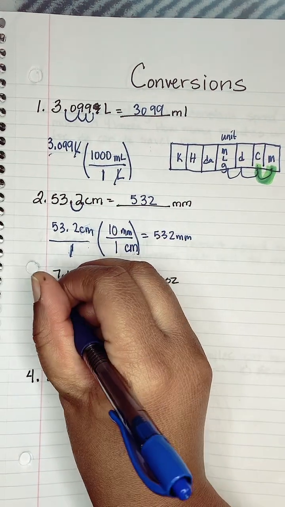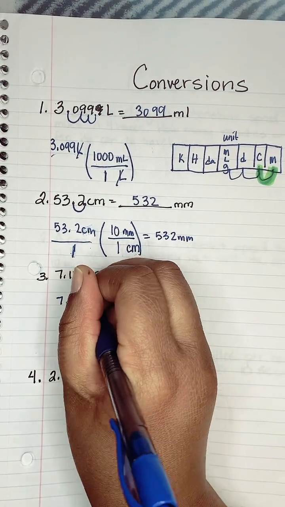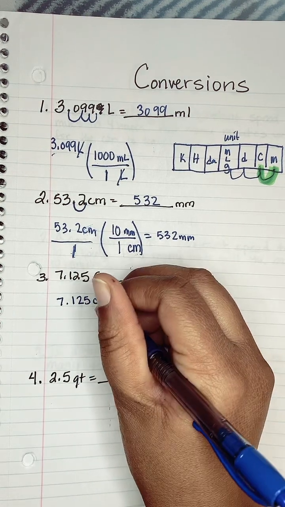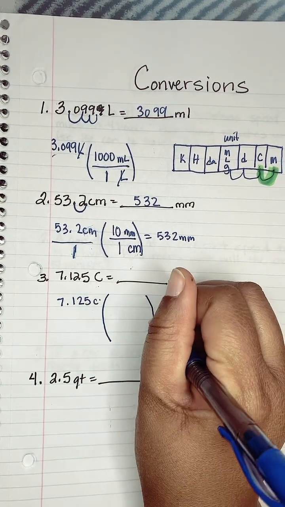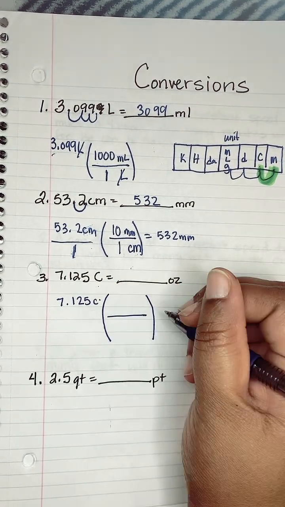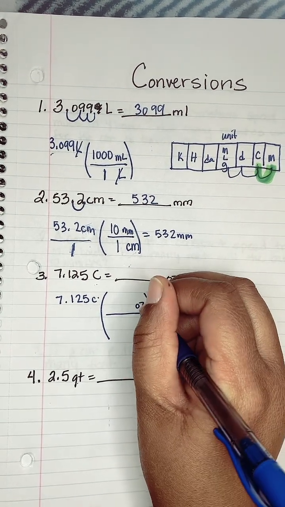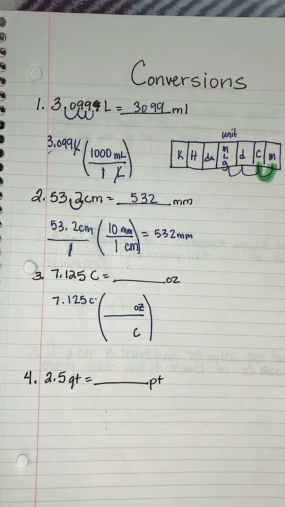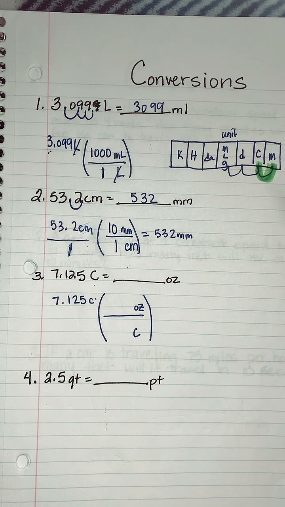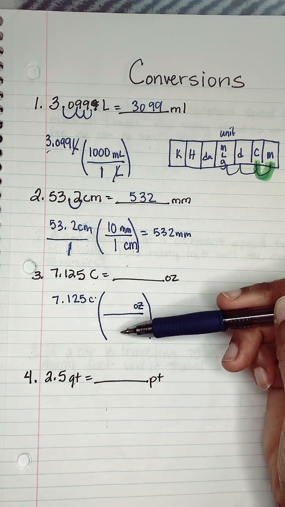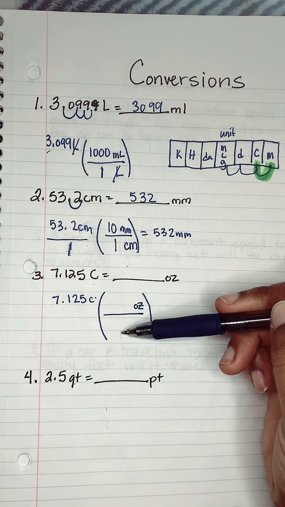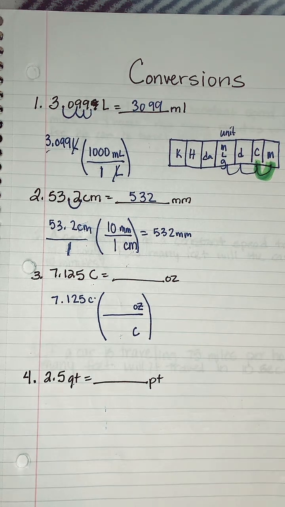Okay. So we have 7.125 cups. All right, we're going to ounces. So we have cups to ounces. All right, somebody put in the chat: where does my 8 go? Does my 8 go up here or down here?